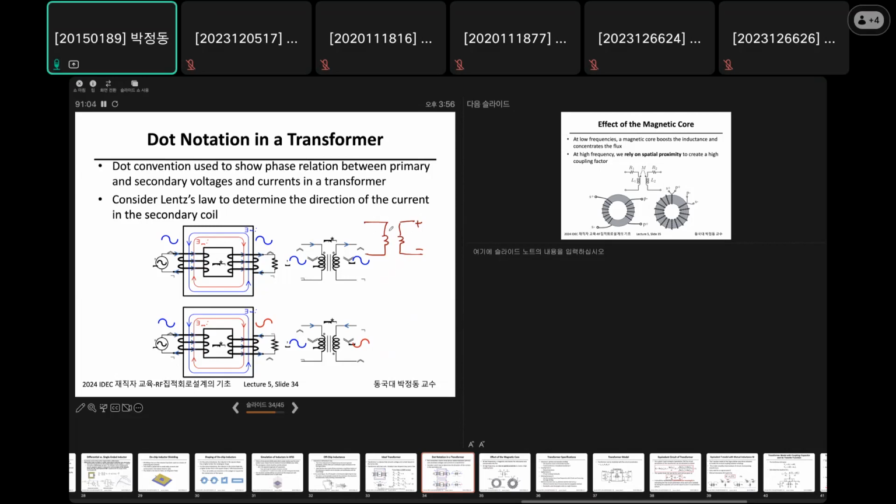So for example, if you apply positive and negative over here, and you place a dot over here, then if this is positive and negative to the load, then you have to place the dot over here, right? If you apply like this, and if your transformer is looking like this, right? Then this is positive right now. Okay, that's how your dot is working.